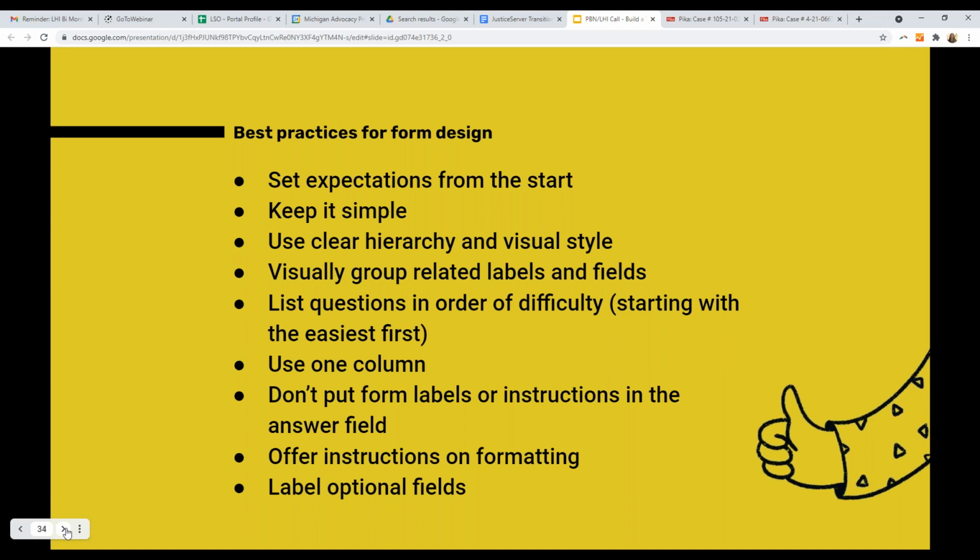And then relating, connecting related types of information in a similar way. List questions in order of difficulty with the easiest first. So, if you put yourself in the position of someone who's maybe coming to fill out this form and you put like a really difficult weighted question to start, like, ooh, that's the tone that you're setting for your user for that experience. And so thinking about, from their perspective, how are they being brought in?